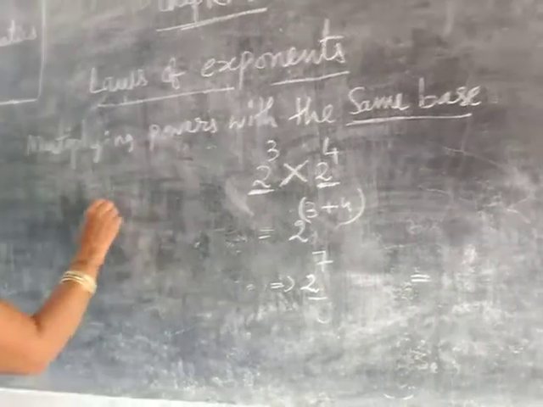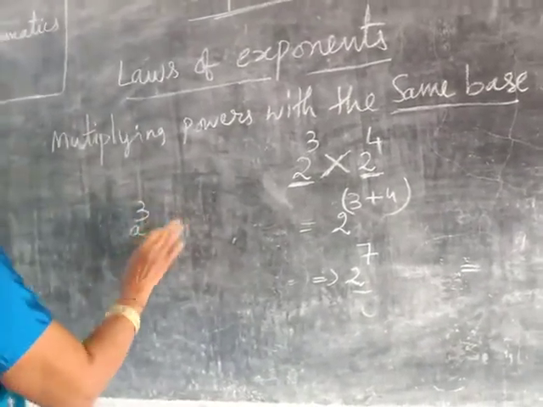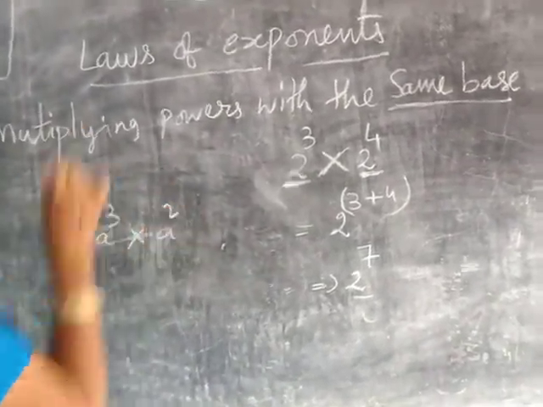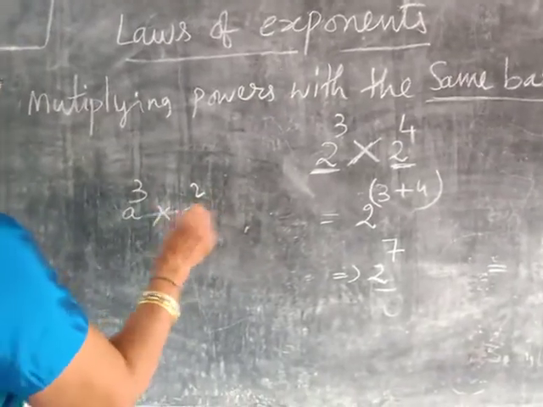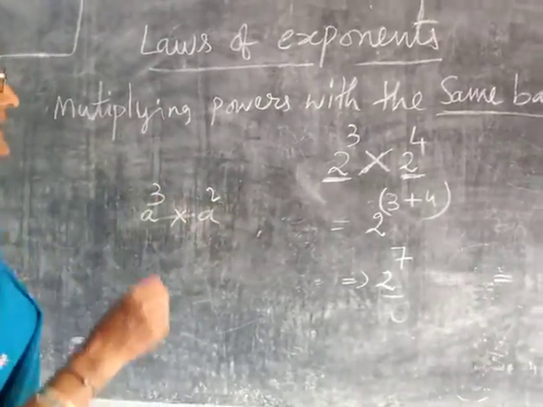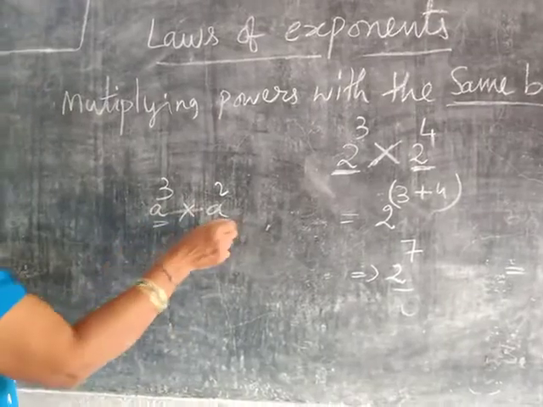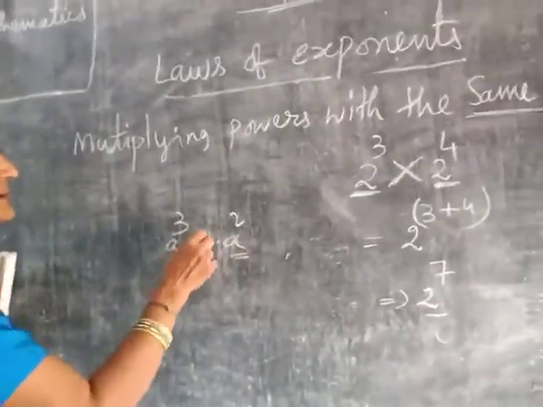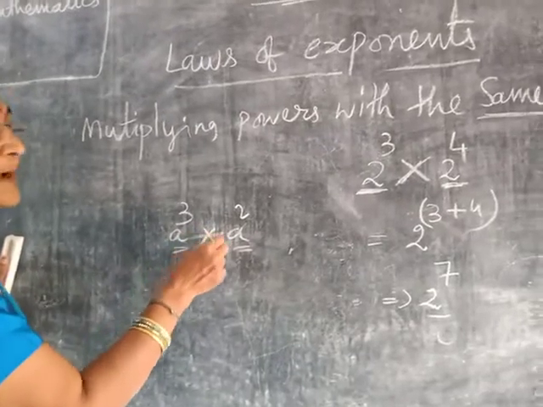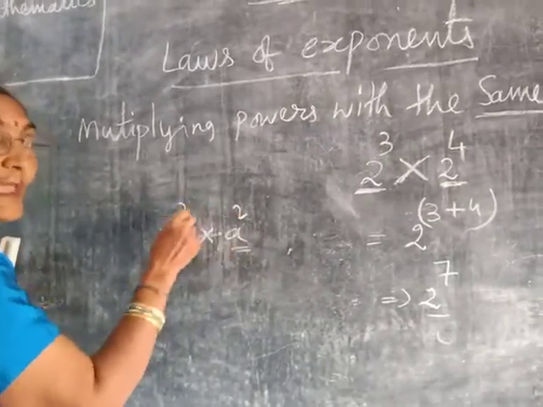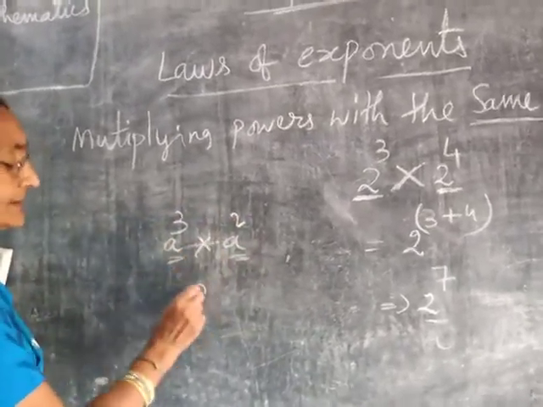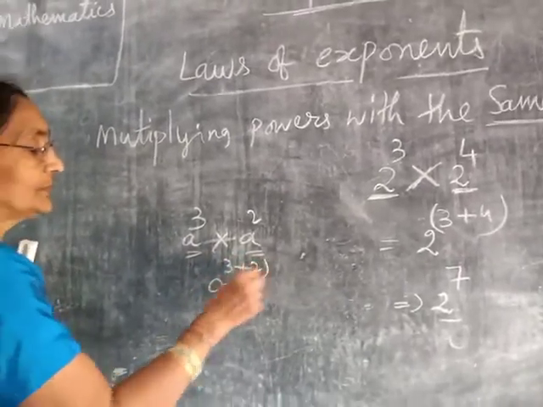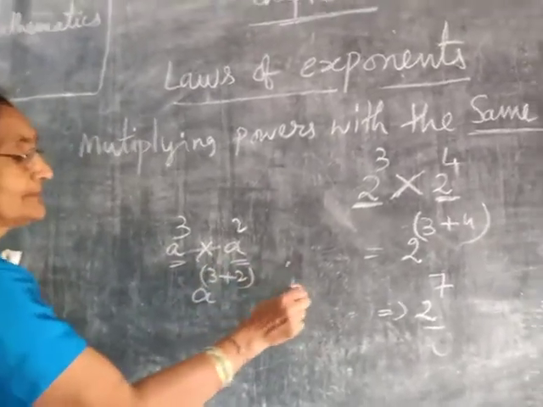Suppose a cube into a square. Here numbers are not there, a variable is there. The bases are equal, the same variable is there, and between them multiplication is there, so the powers should be added. A to the power 3 plus 2 is a to the power 5.